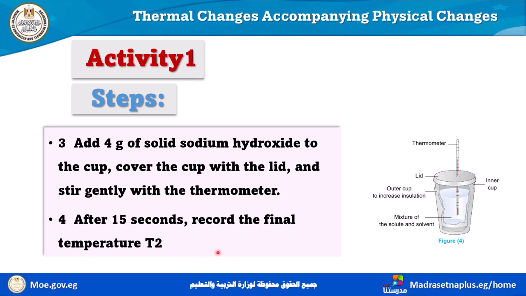So we have the initial temperature, the temperature of the water at the beginning of the experiment, and the final temperature T2, which is the temperature of the water after adding 4 grams of sodium hydroxide and stirring it in the water, after 15 seconds.